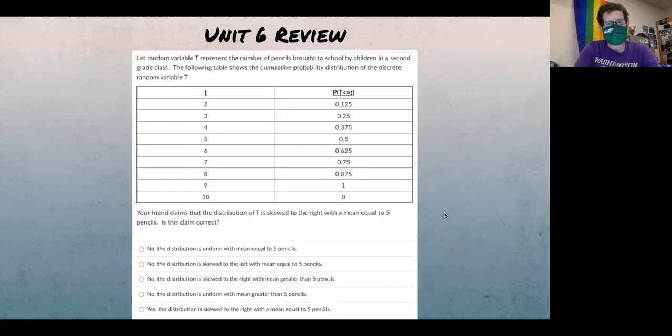So let's look at a few examples here. Maybe I'll just talk through this one. Because this is a cumulative probability distribution, what we're saying is that it's the probability that a random variable is less than whatever this value is. So this is number of pencils brought to school by children in a 2nd grade class.